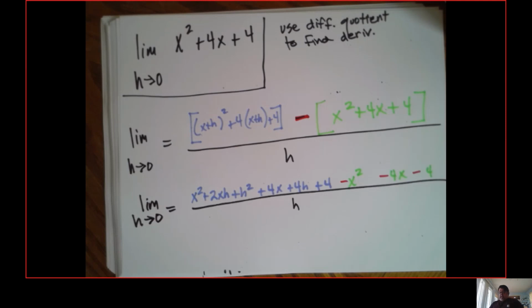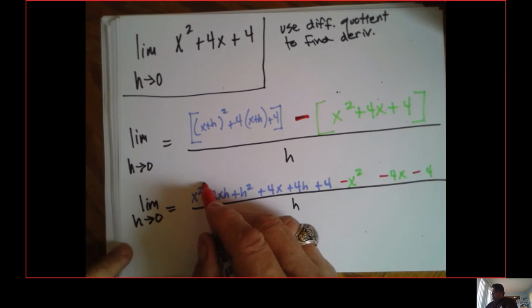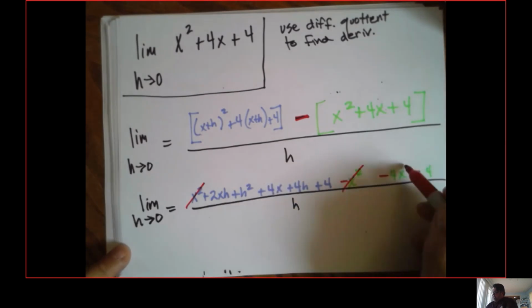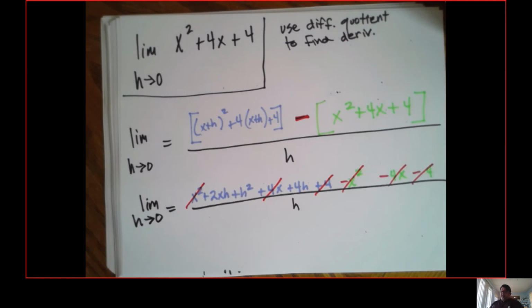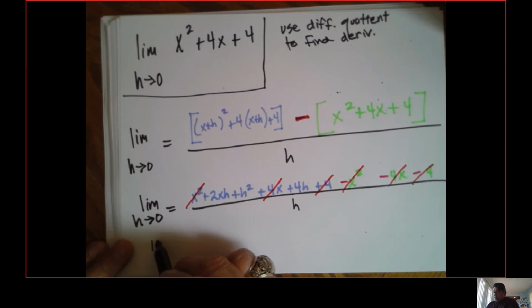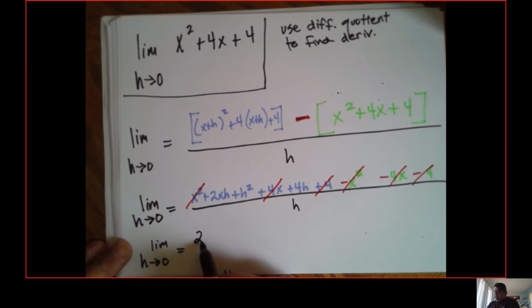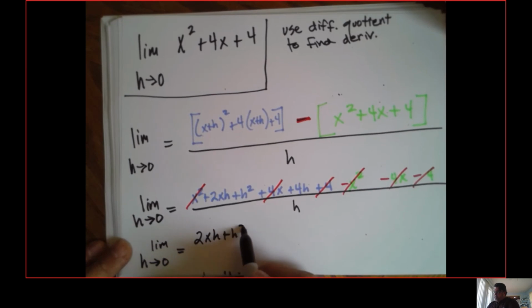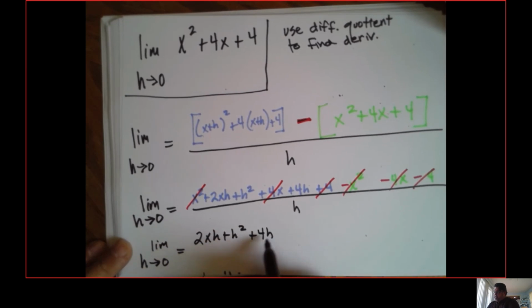Okay, so let's see what cancels. I'm going to take my red marker, and that x squared cancels, and that 4x cancels, and that 4 cancels. That's going to leave you, most of the time, it's going to leave you with h terms and numerical terms. So limit as h approaches 0 of 2xh plus h squared plus 4h over h.